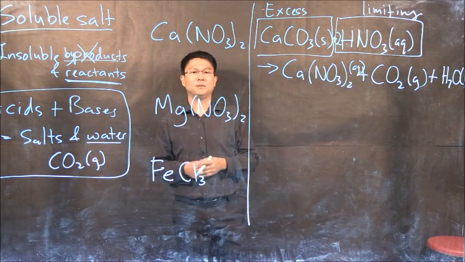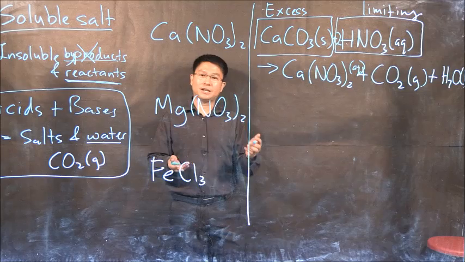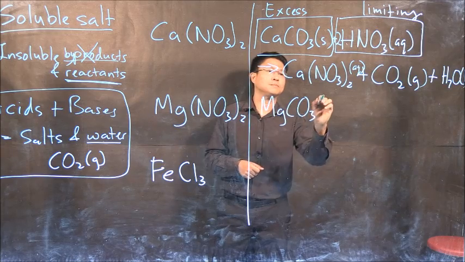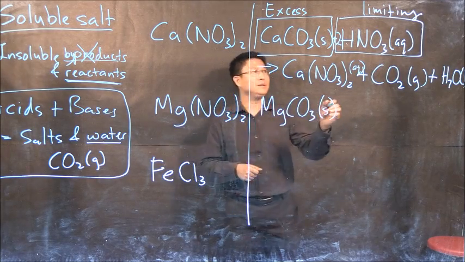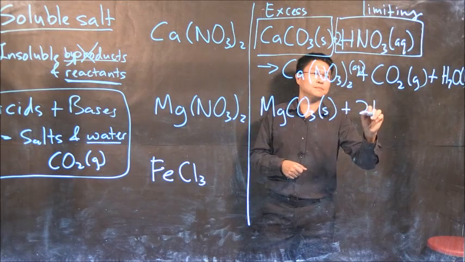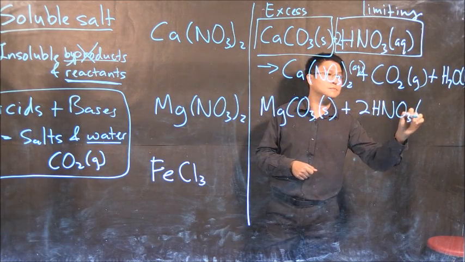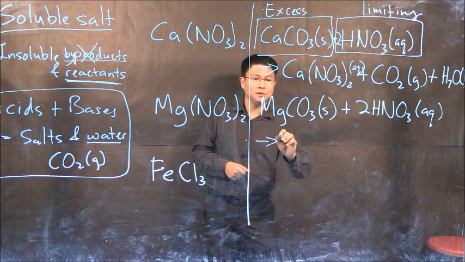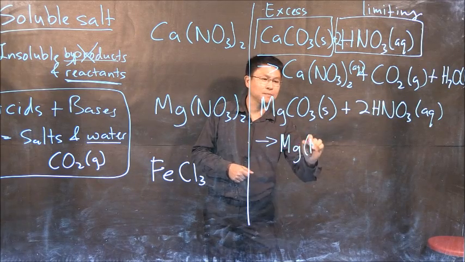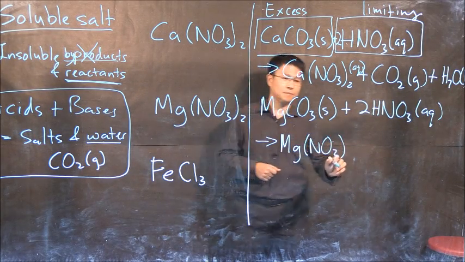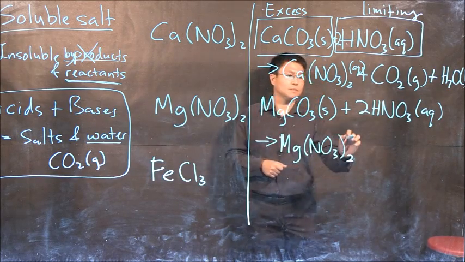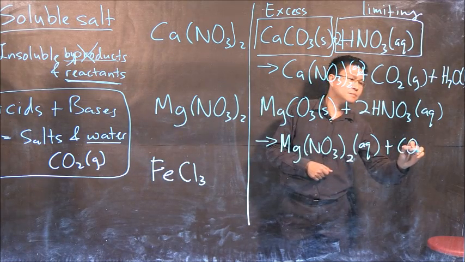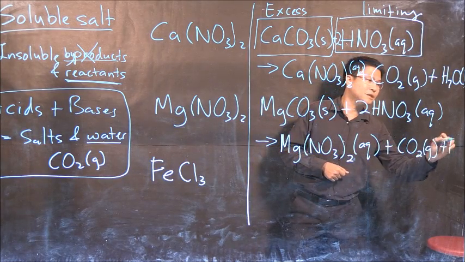Let us try the same with magnesium nitrate, in which case we will start with magnesium carbonate and we use again nitric acid to produce the product we want, which is magnesium nitrate and carbon dioxide plus water.